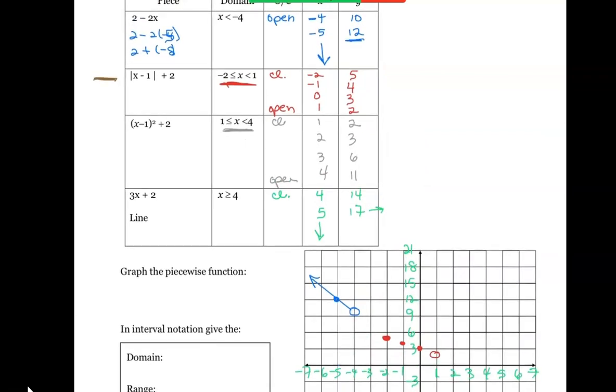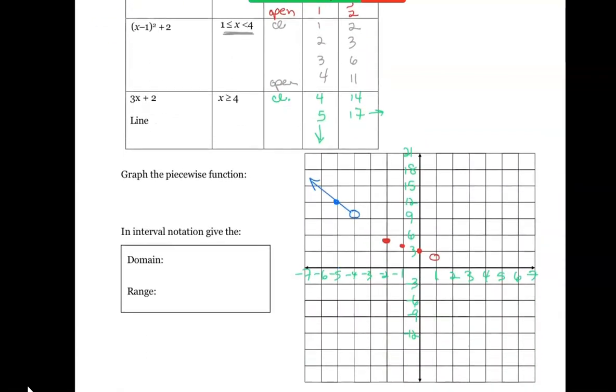Now, what shape is this? This is absolute value, so it should be pretty much a straight line, right? So that's that one. Okay, next one is going to be a parabola. That's the gray. Okay, I have 1, 2, and so that matches what I had before, so that means I'm going to fill in this.